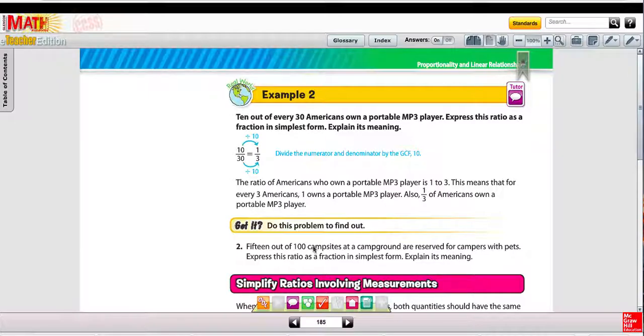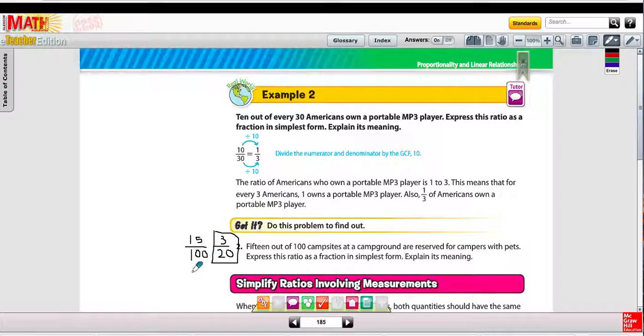So 15 out of 100 campsites at a campground are reserved for campers with pets, and that ratio would be 15 out of 100. And in simplest form, we're just talking about reducing a fraction, and so 5 goes into 15 3 times, and 5 goes into 100 20 times. And so in simplest form, it would be 3 out of 20.